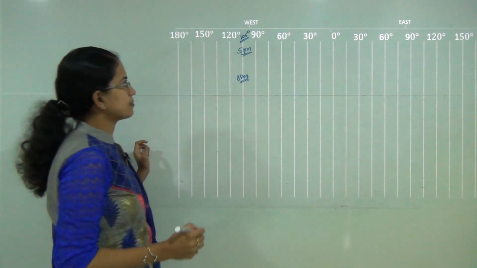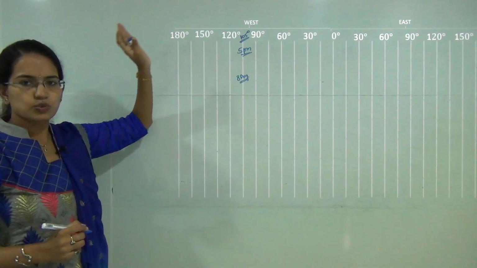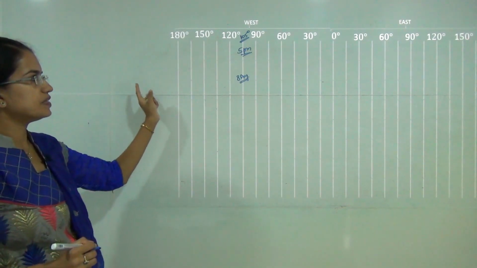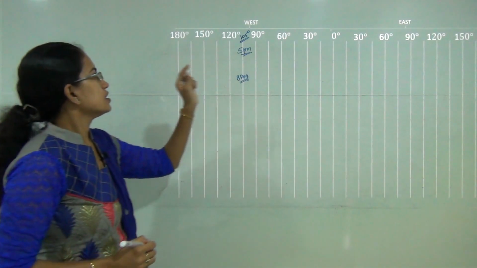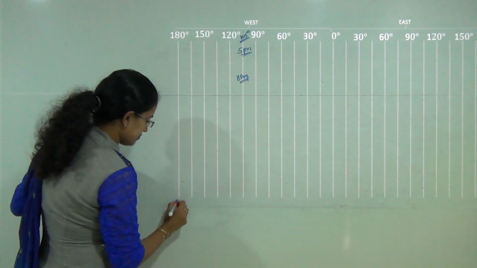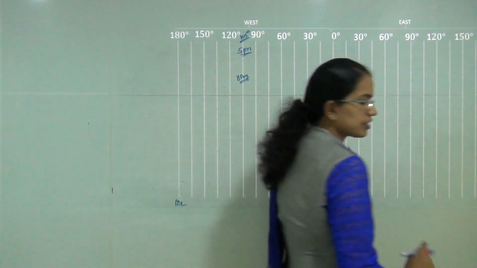Now let's calculate what would happen when I cross it towards the west, and then we will see what would happen when we cross it towards the east. Now this is the international dateline, and again this is the same international dateline. We are drawing it at two different locations.